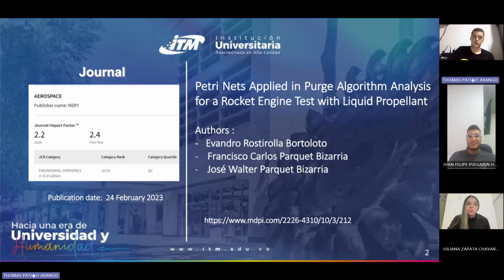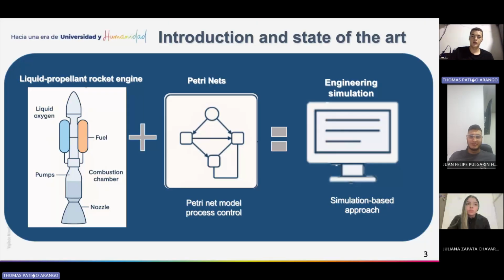Okay. Our article is about using Petri nets to simulate a liquid rocket engine test bench. Before flying, each rocket engine must be tested safely on the ground.